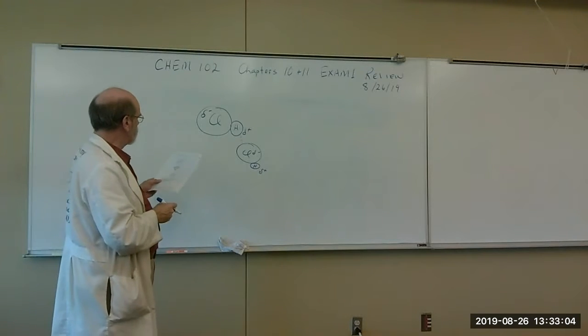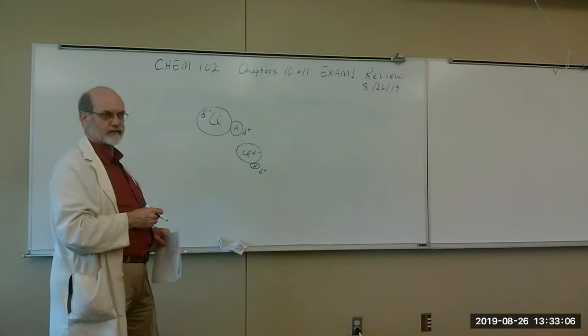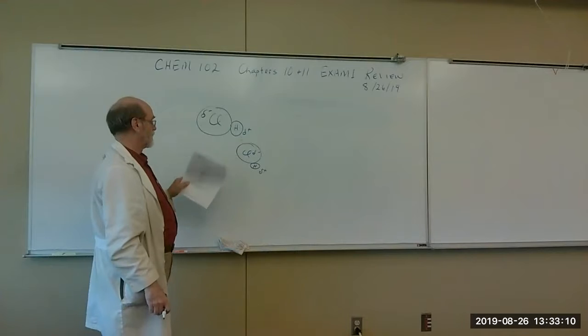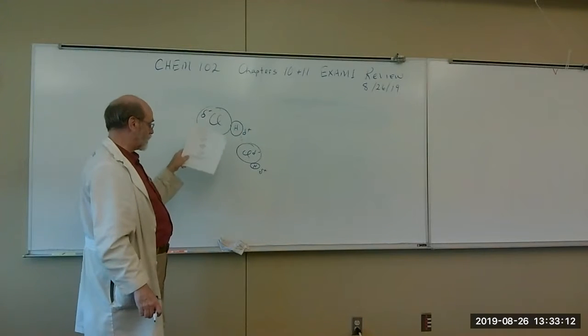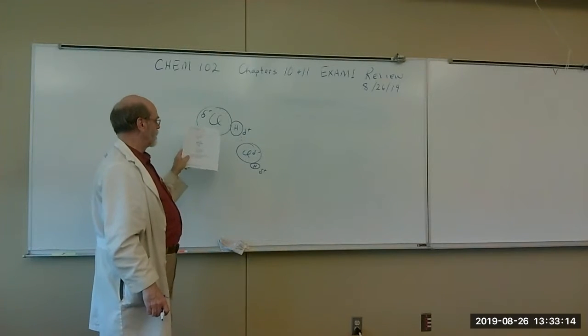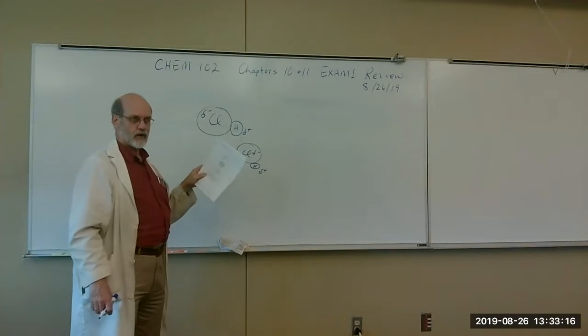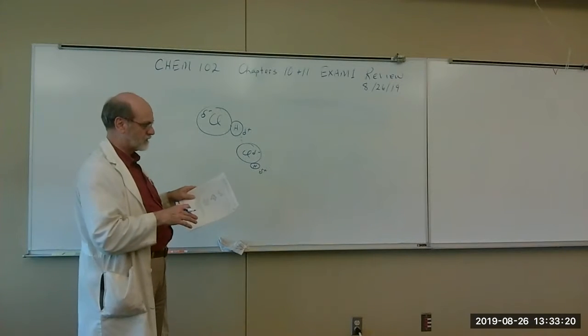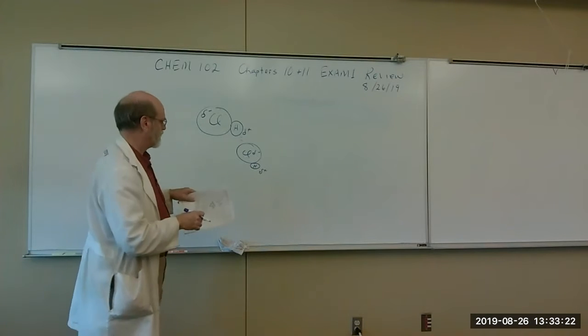Do these molecules exhibit ionic bonding? No, not as written. And that's true. The way they're written, that's the way they are. The hydrogen and the chlorine are covalently bound. And yeah, I think that's safe to say.